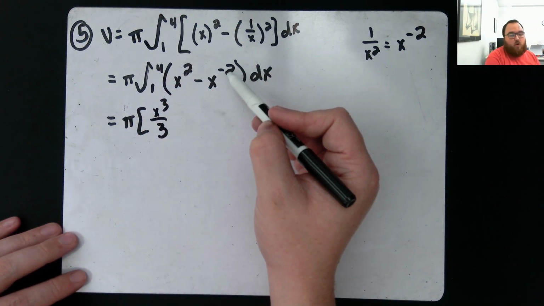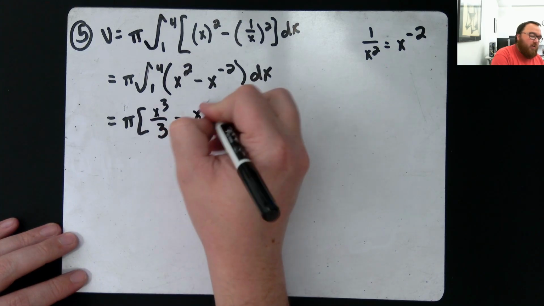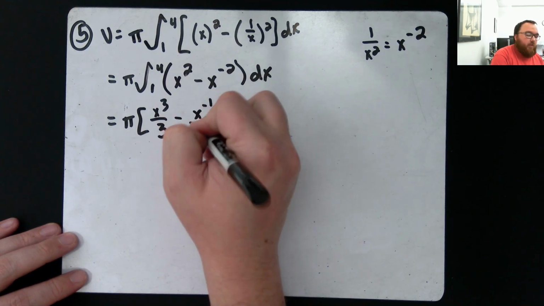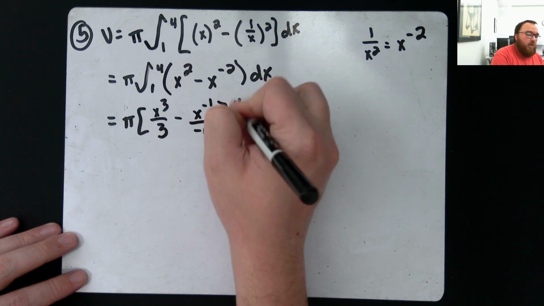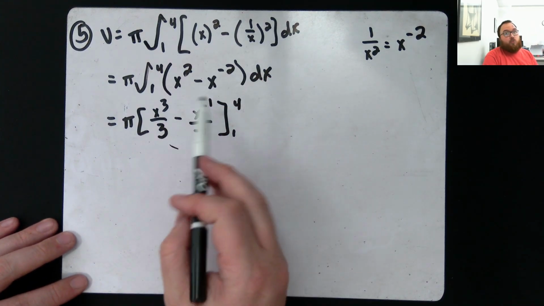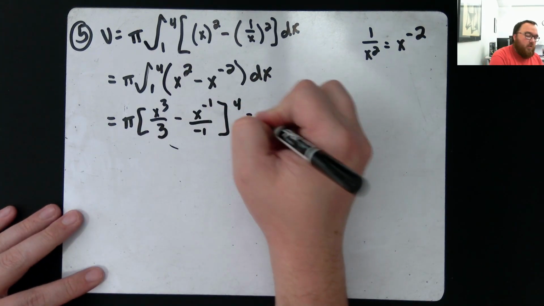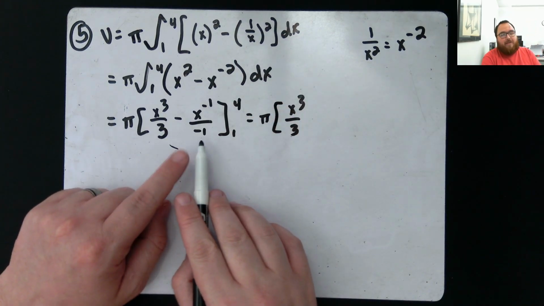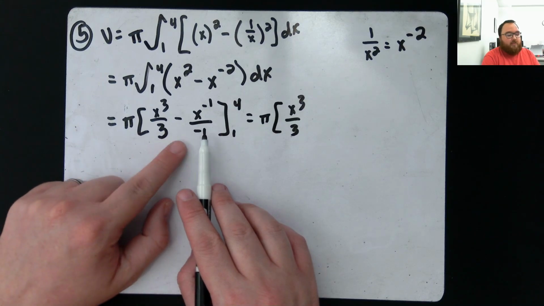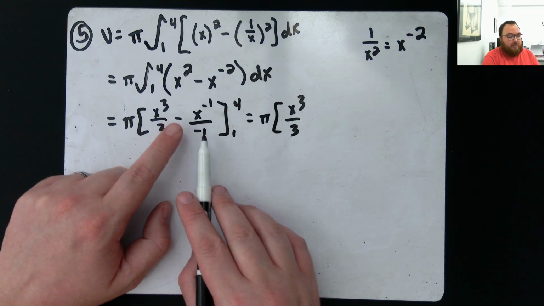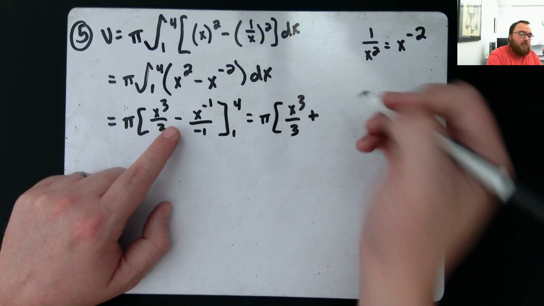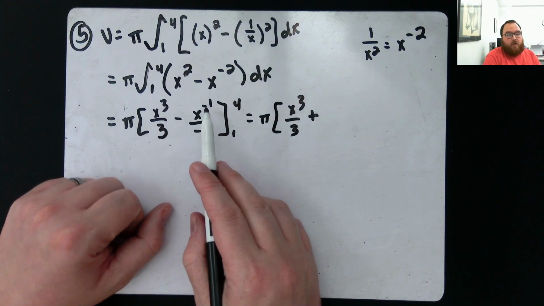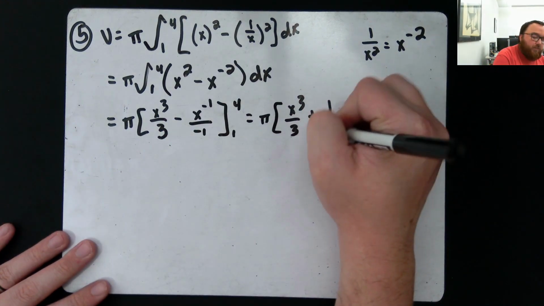Same thing, add 1 is going to be negative 1 over my new power, which is negative 1. Let's simplify this because it looks really bad. x cubed over 3 is fine, but this one, dividing by negative 1 is going to change the sign. So that's going to become plus, and then x to the negative 1 is 1 over x.